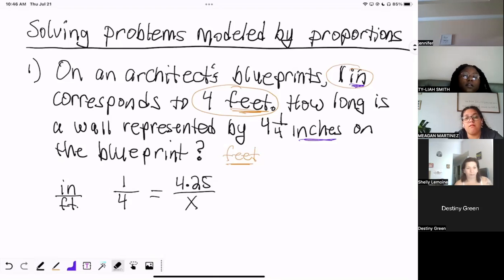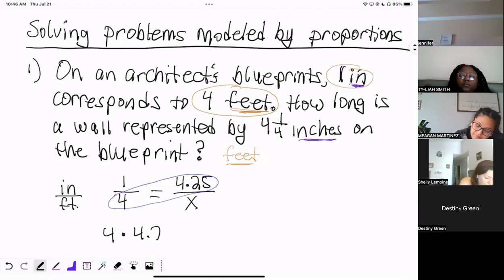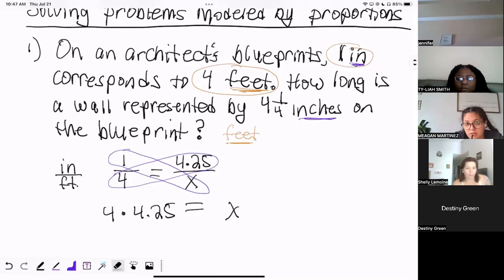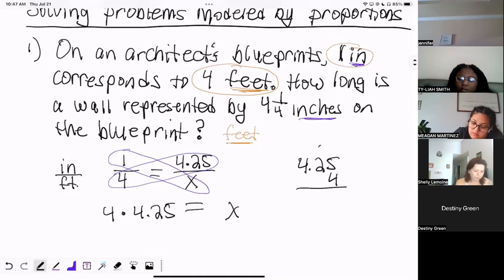So now we're going to cross multiply. 4 times 4.25 is equal to 1x, which is just x. So I don't even need my 1, just x. So 4.25 times 4 is 17.